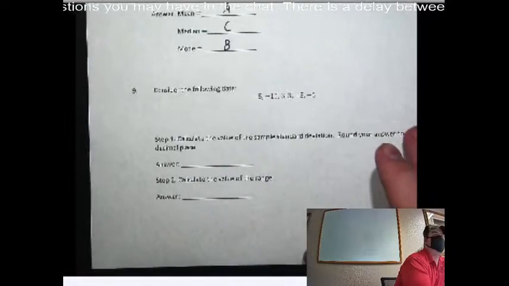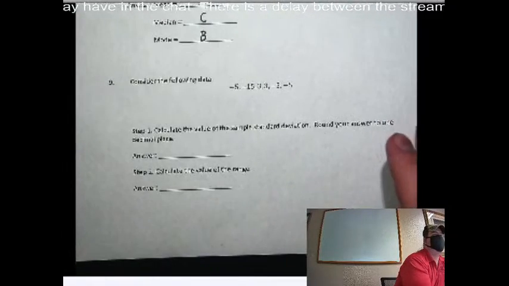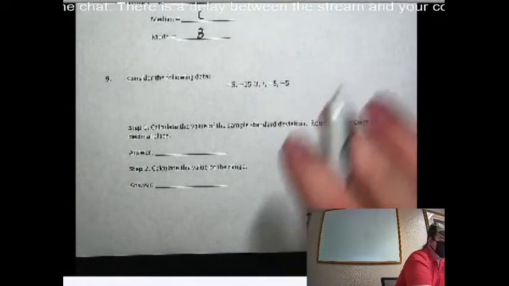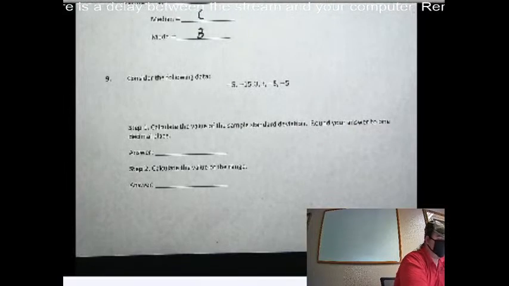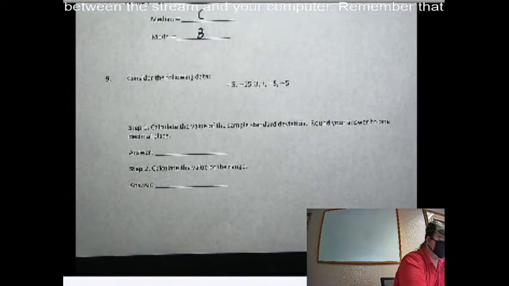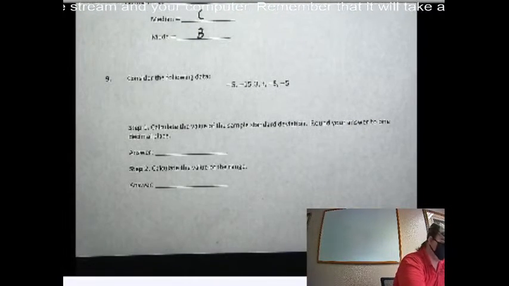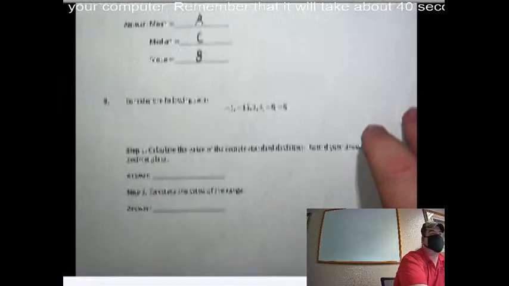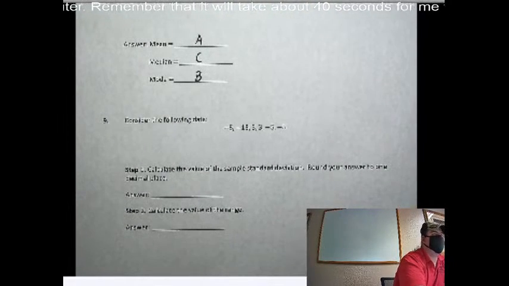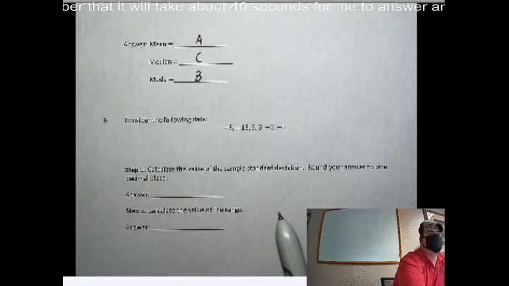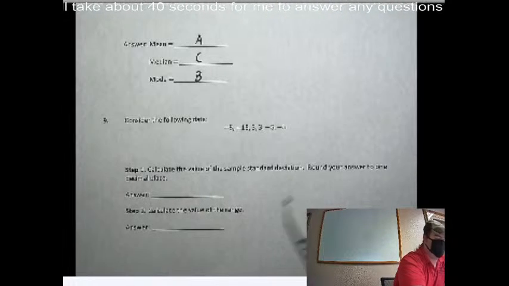Number 9. Consider the following data. Okay, and it wants us to calculate the value of the sample standard deviation and the value of the range. Okay, so first things first, we need our formula for standard deviation, specifically for a sample.